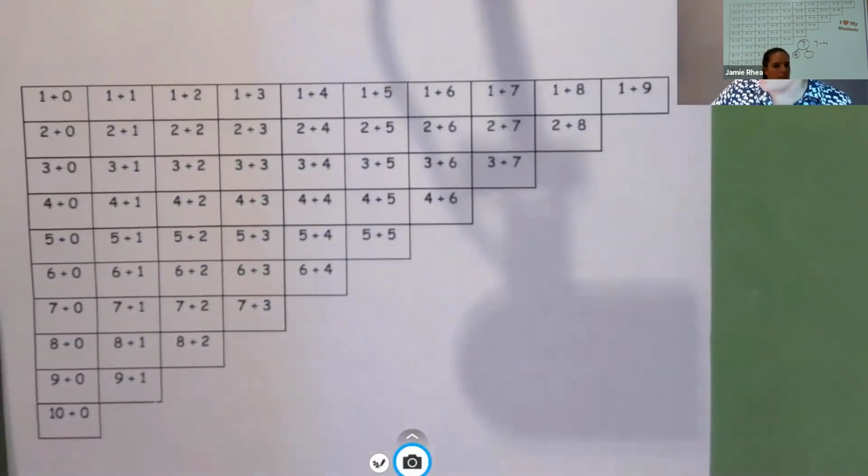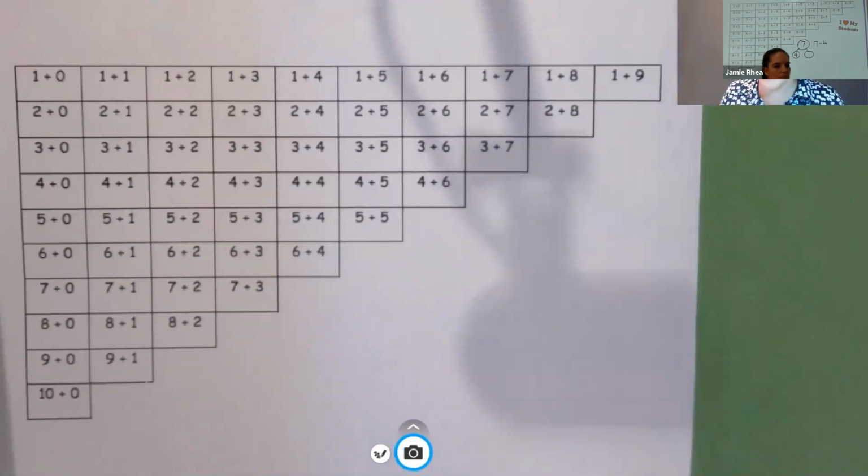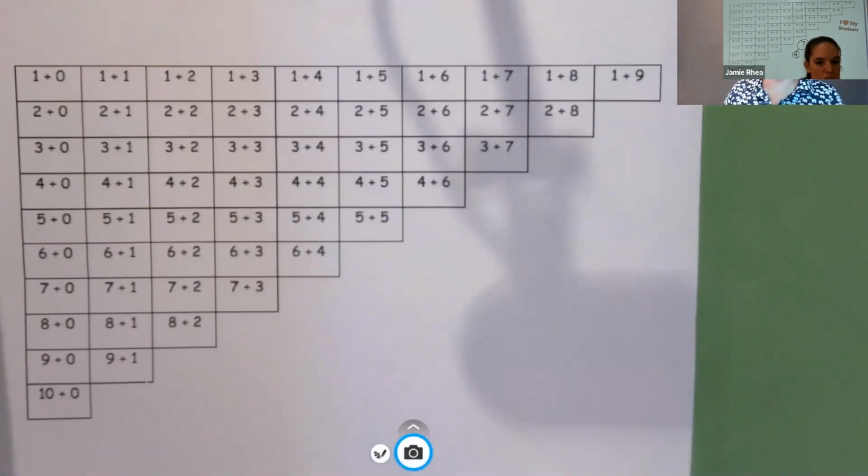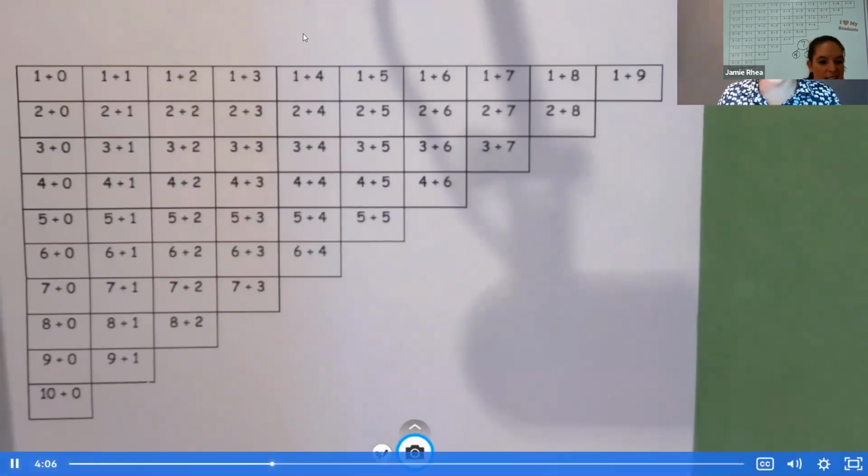Let's take a close look at our addition chart. Can you find the problems on this addition chart that have a part that is 4? Take a moment to find those problems and then turn and tell a partner, or you can say it out loud to me. Where do you see 4s on your chart? I see 4s here. I see some 4s here.